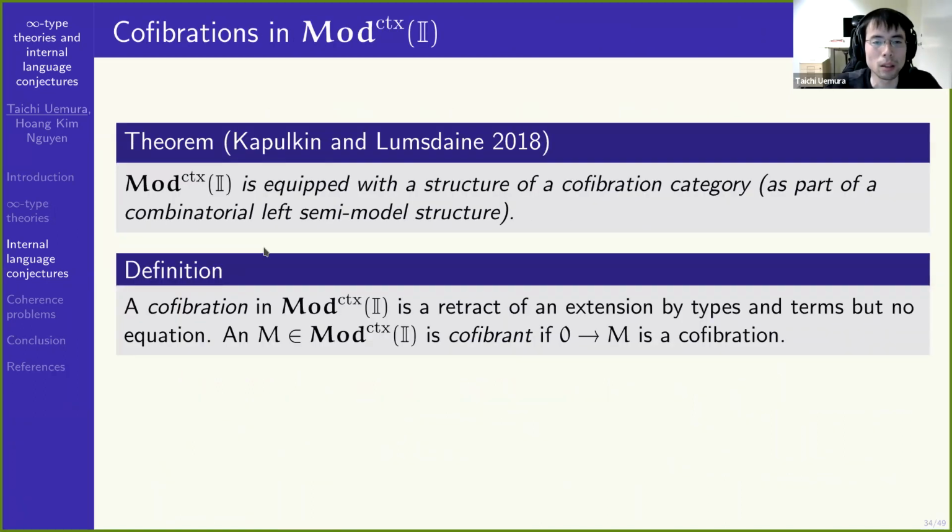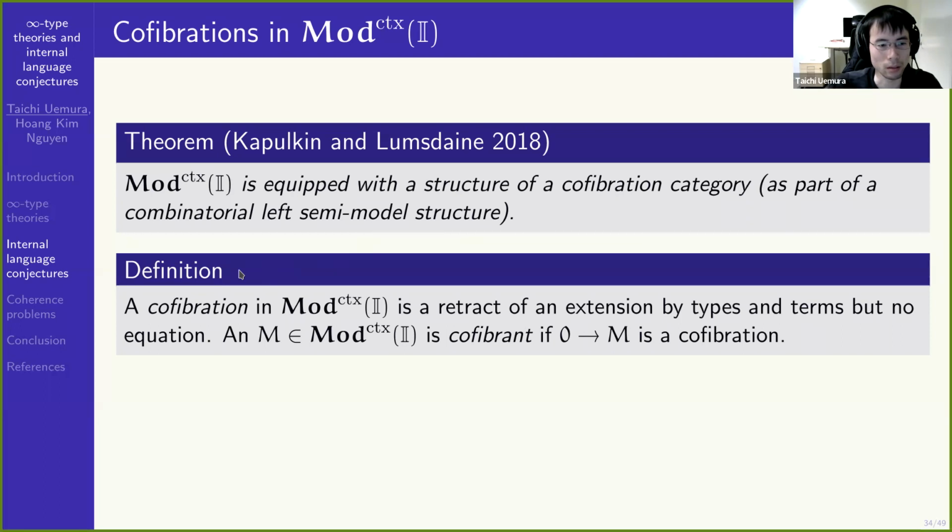All right, so first of all, we recall Kapulkin and Lumsdaine's result that the category of models of intensional type theory is equipped with the structure of a cofibration category, and it is actually part of a combinatorial left proper model structure. So it has actually richer structure.